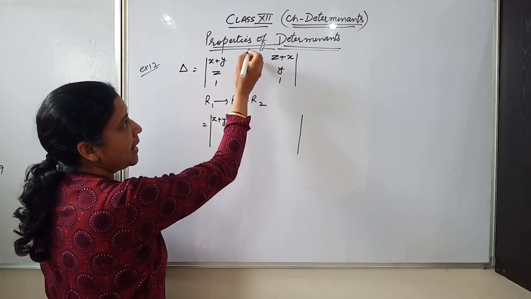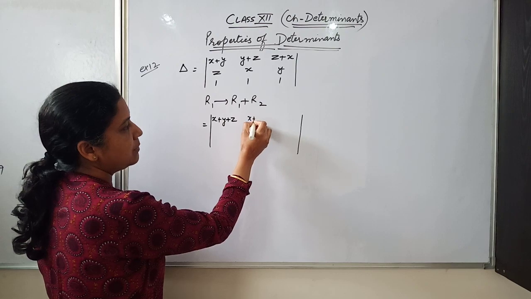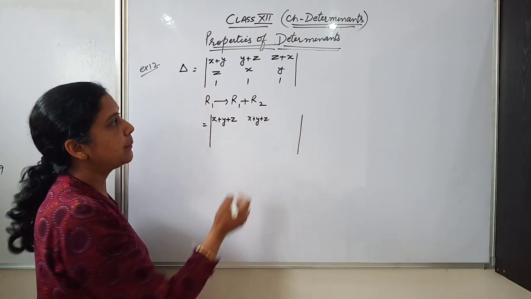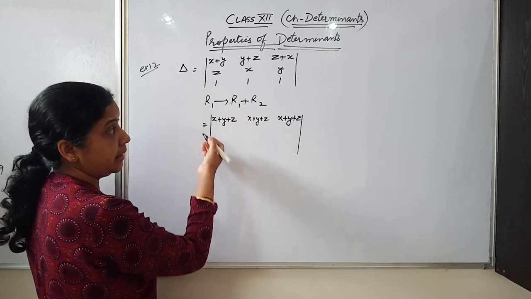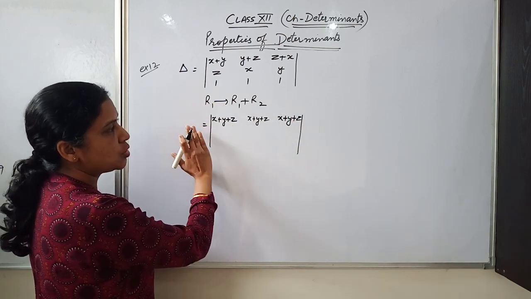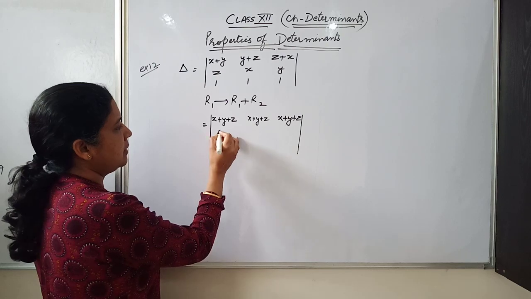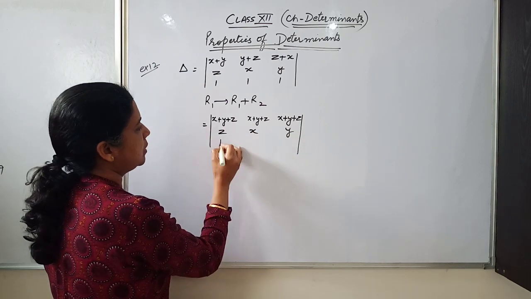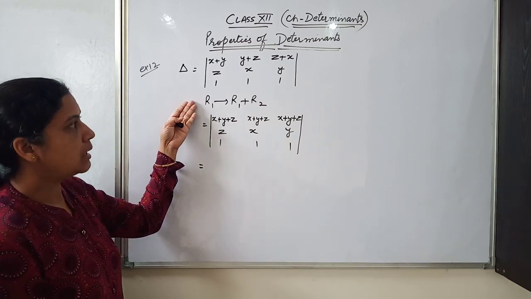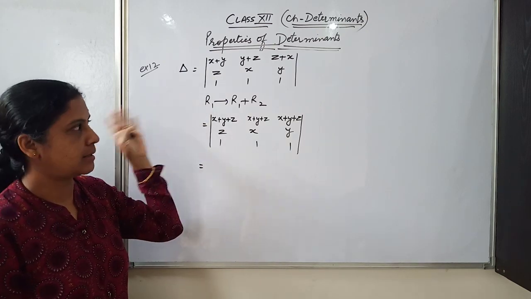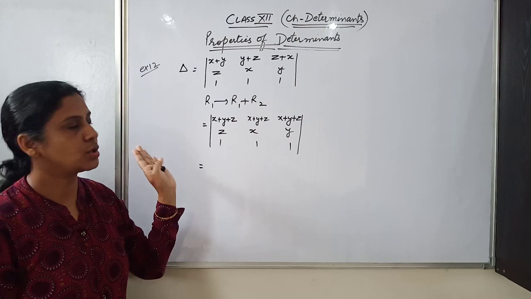Here it is y plus z plus x, that can be written as x plus y plus z. Here also I am getting the same element x plus y plus z. Since R1 was taking the transformation, R1 has transformed and there will be no change in R2 or R3. Here I have used the last property of determinants, property number 6, how to use the elementary transformations.